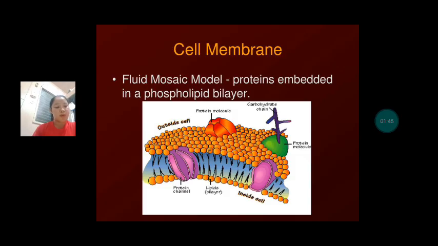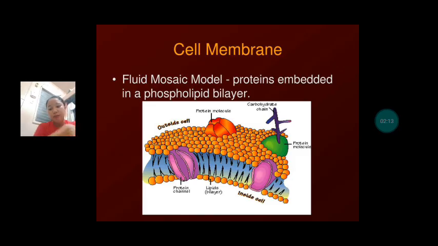The principal components identified at that time were lipids and protein. The first widely accepted model of the plasma membrane structure was proposed in 1935 by Hugh Davson and James Danielli. It was based on the railroad track appearance of the plasma membrane in early electron micrographs.